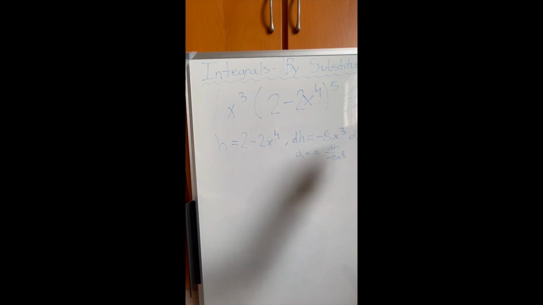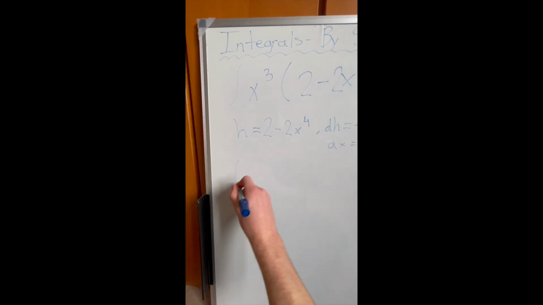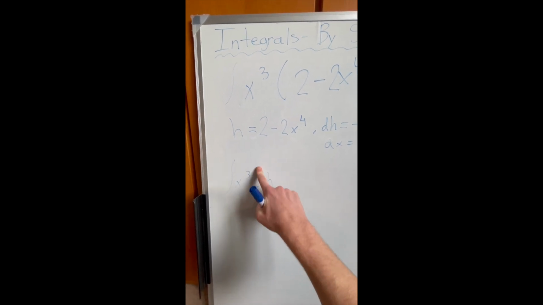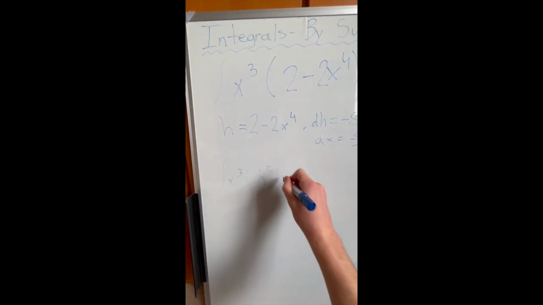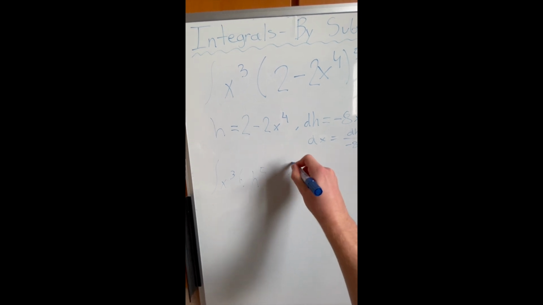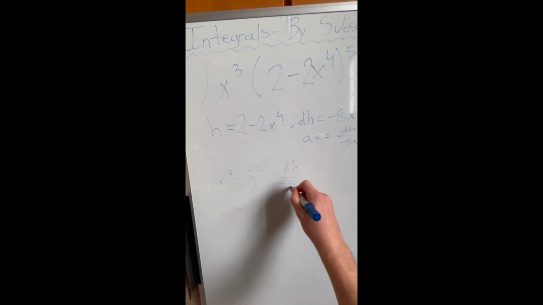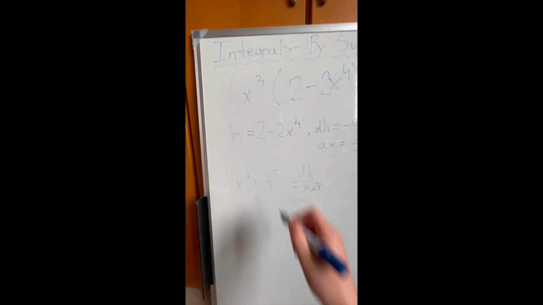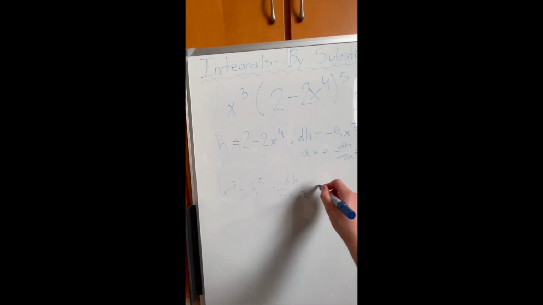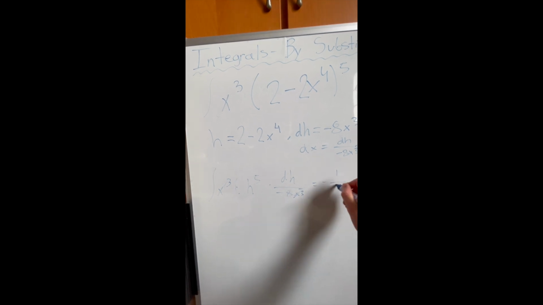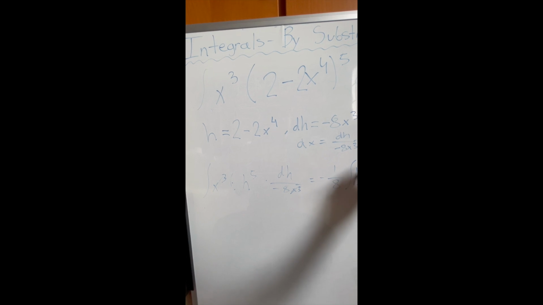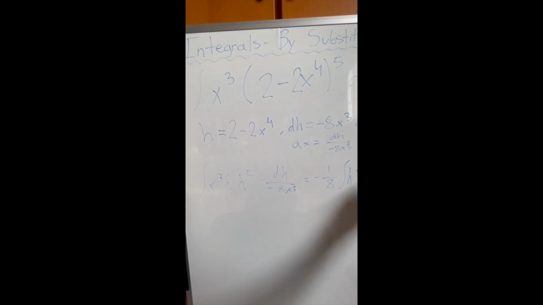And now we substitute this back into our integral, x to the power 3 times h to the power 5 times dh over minus 8x to the power 3. We cancel this out with this, and we are left with minus 1/8 times the integral of h to the power of 5 dh.